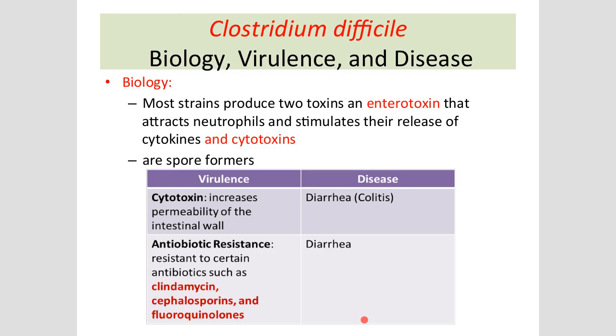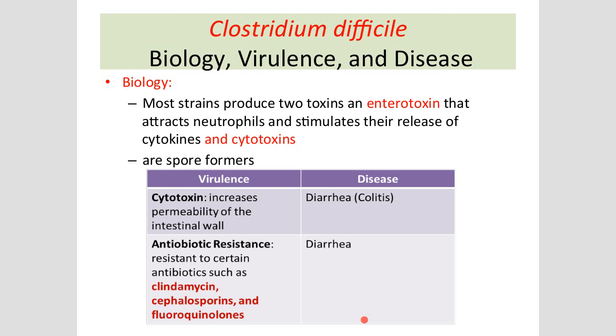scrubbing in. Anyway, Clostridium difficile produces two toxins, enterotoxin and cytotoxin. And as I said earlier, all different types of Clostridia produce different toxins, so I'm going to ask you which one produces which toxin. That's the common question asked.